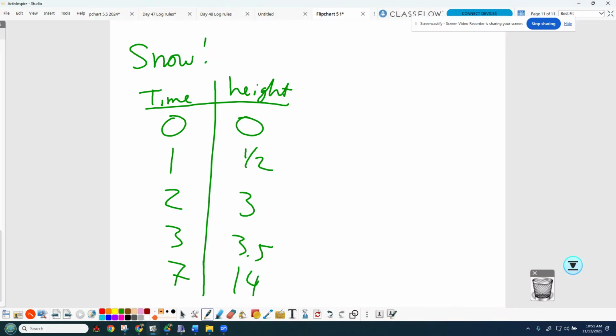Okay, LRAM, RRAM, which one? So how much snow has fallen per hour? We have to make sure that we're not double counting.